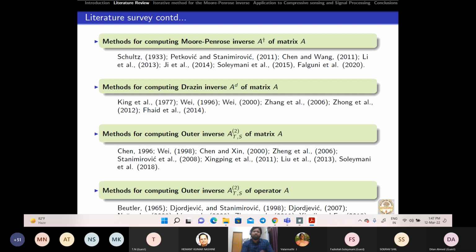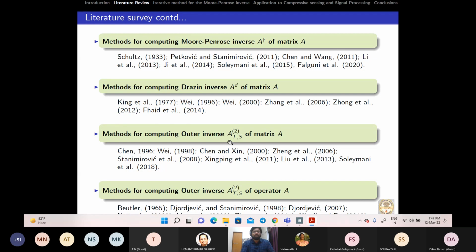For different kinds of generalized inverse, many people have used different ways to publish work. If you are working on one particular problem, you may use that idea for other inverses also. It is quite possible, and this is the most general.